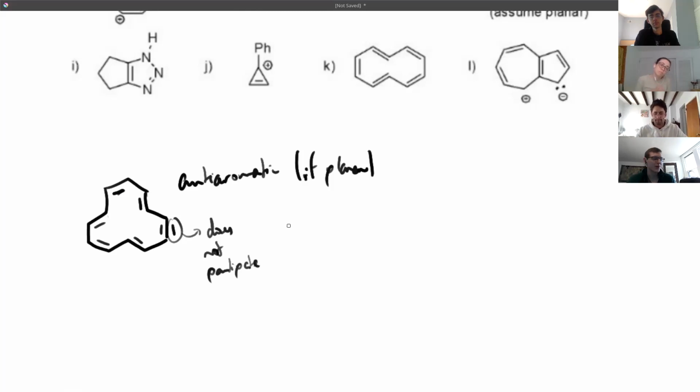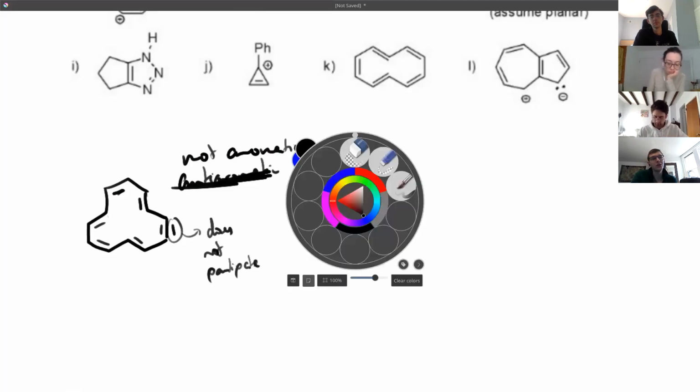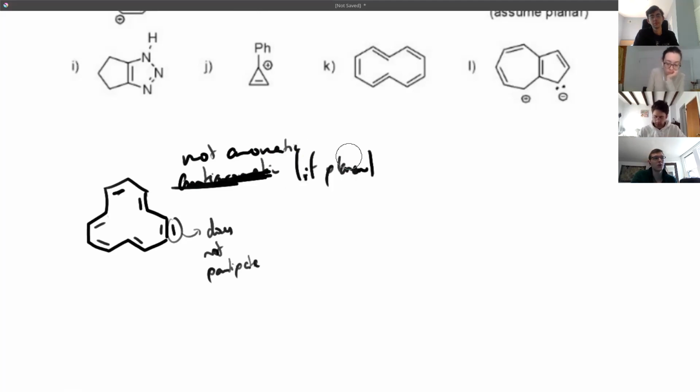The problem in this book, I didn't read thoroughly. It said, just say whether these molecules are aromatic or not. And they don't ask for non-aromatic or anti-aromatic. So we could just say this is not aromatic, at least by the phrasing of this problem. Whether it's non or anti-aromatic is a much harder question.